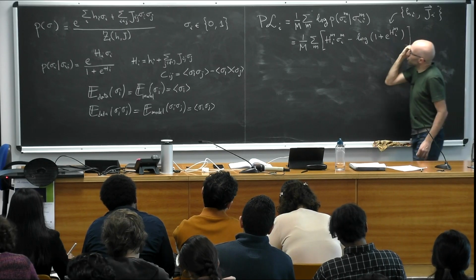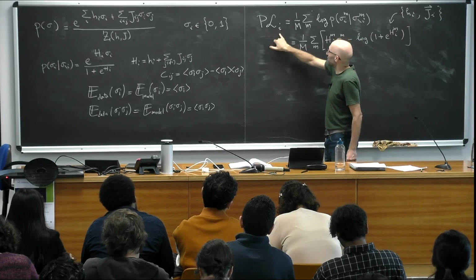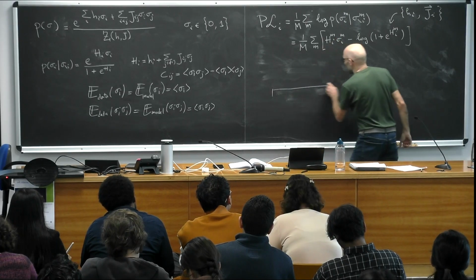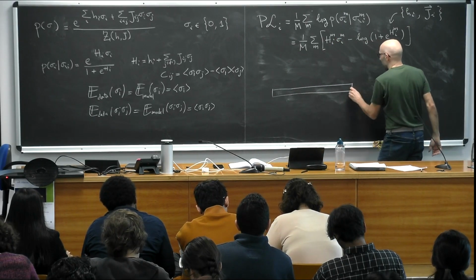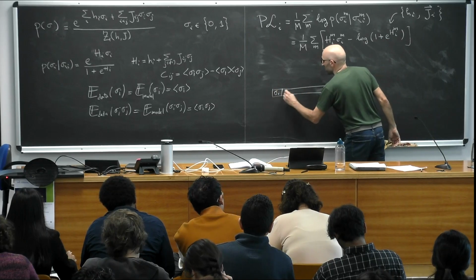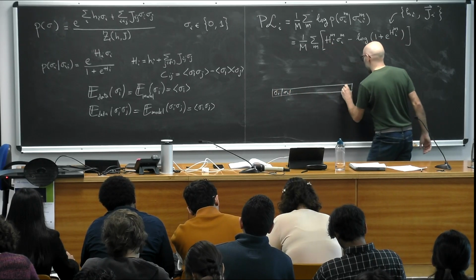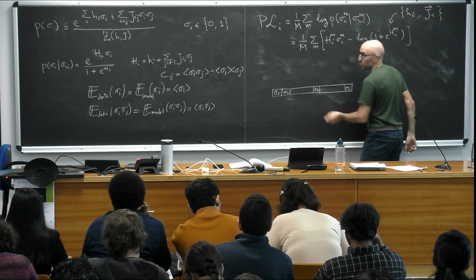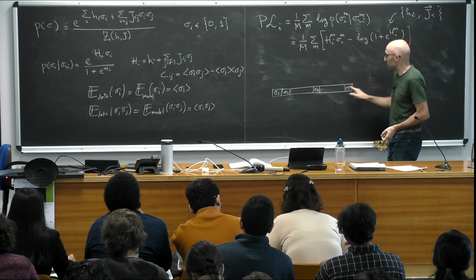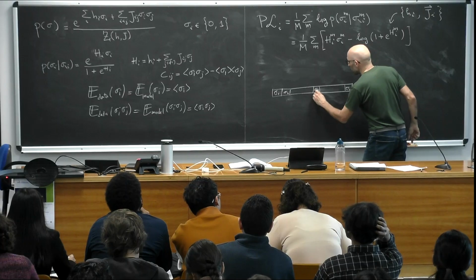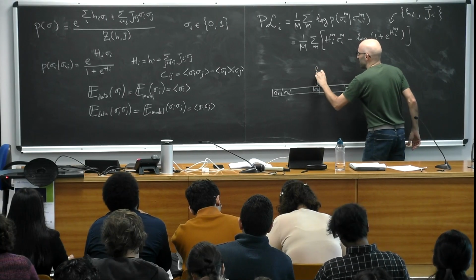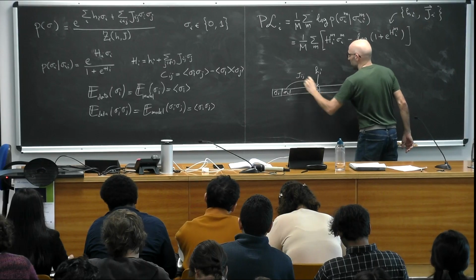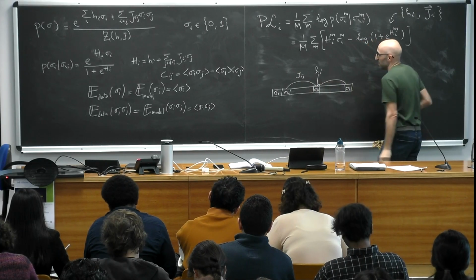So each pseudo-likelihood is associated to each variable, and you have L variables. You can imagine that you have your string of L variables, sigma 1, sigma 2, up to sigma L, and you want to learn the probability of sigma I conditioned to the others. So you will have a local field h_i, and you will have couplings J_ij.